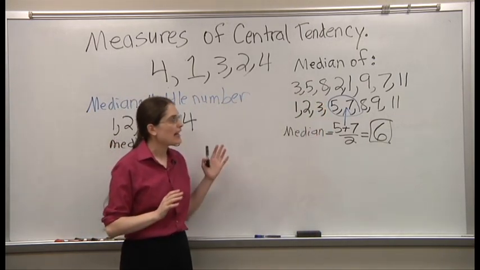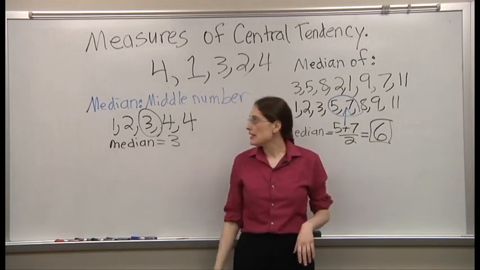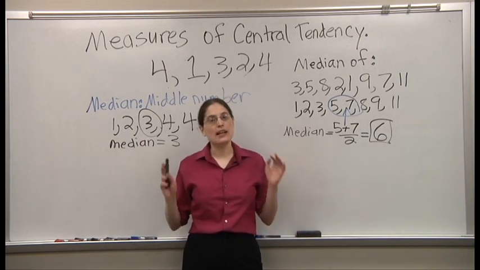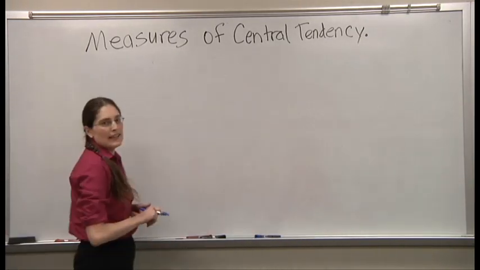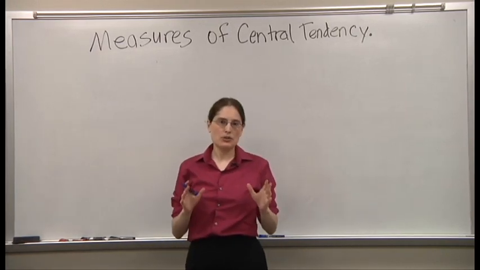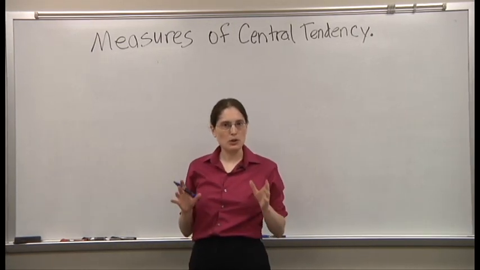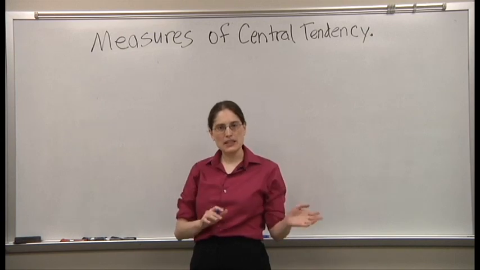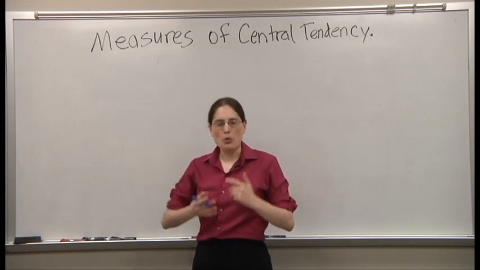So that is how to find the mean, median, and mode. Now, I'm going to ask you a question that's a little bit more complicated. The mean, the median, the mode. Which is better?